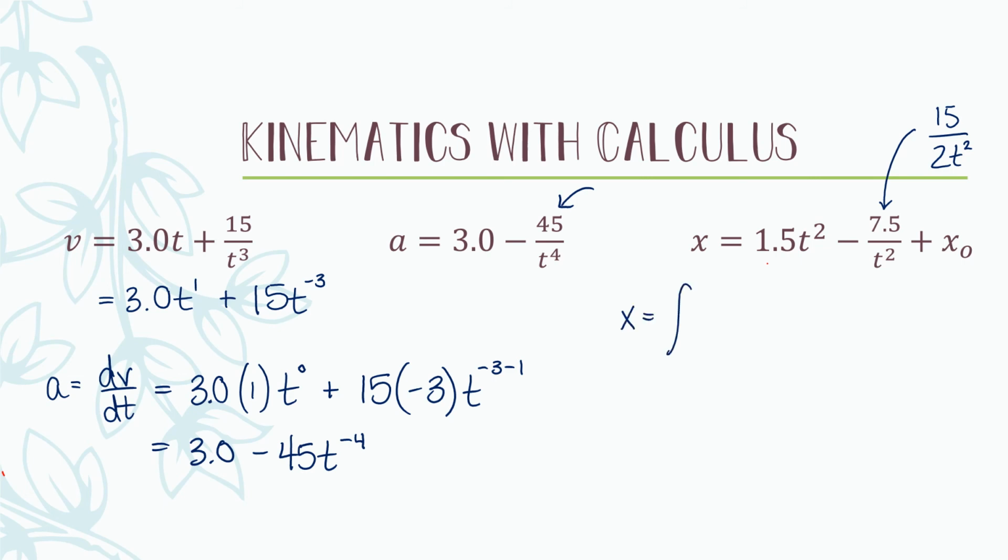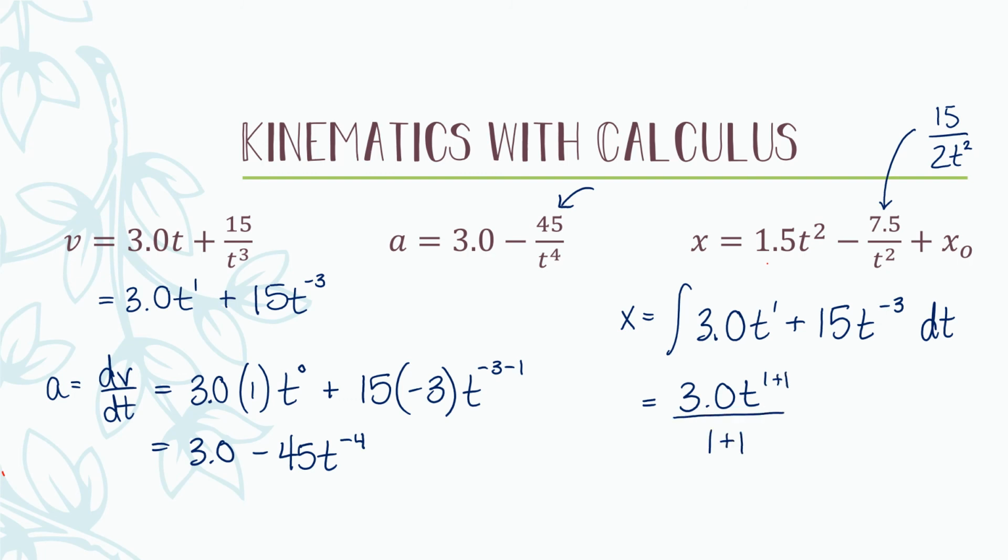My position function is the integral of 3 times t to the 1st plus 15 times t to the negative 3rd with respect to time. And so I have 3 times t to the 1 plus 1 divided by 1 plus 1, plus 15 times t to the negative 3 plus 1 divided by negative 3 plus 1.